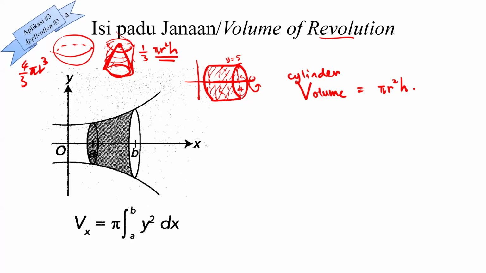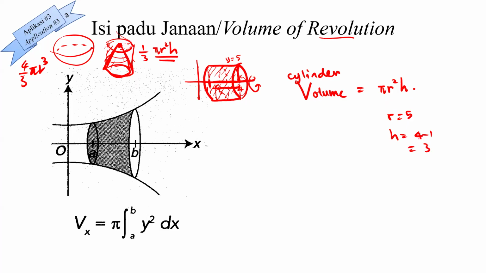Correct? What is the h and what is the r? R is 5. And what is the height? Isn't it, this is the height, from 1 to 4. The height is 4 minus 1, which is 3.